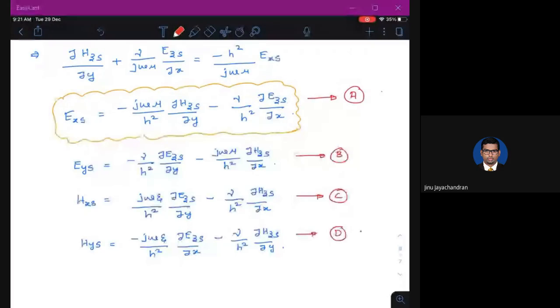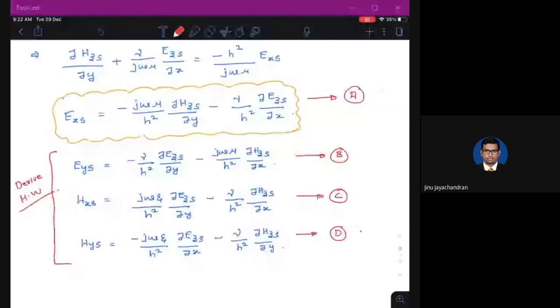Okay. So I would want all of you to derive this as homework. And once you are back in the college, I will ask you to derive this on the board.